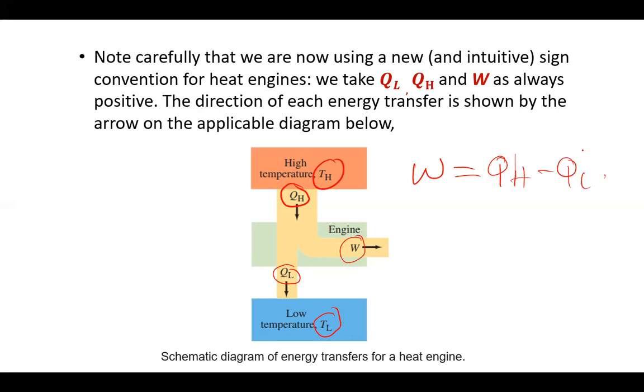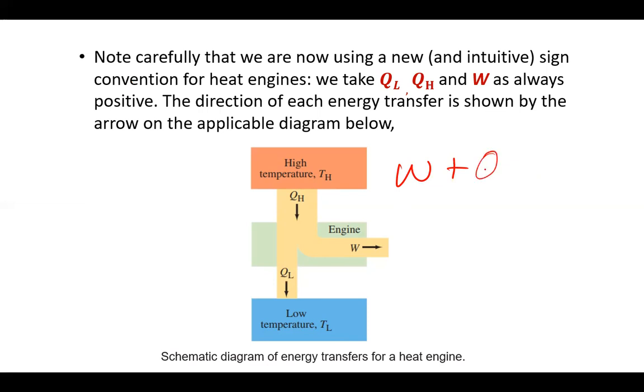Or you can say the addition of this work plus the heat at low temperature QL is simply going to give you QH. So you can take this QL to the other side of the equal sign, meaning you have QH minus QL. That is what you're going to have.